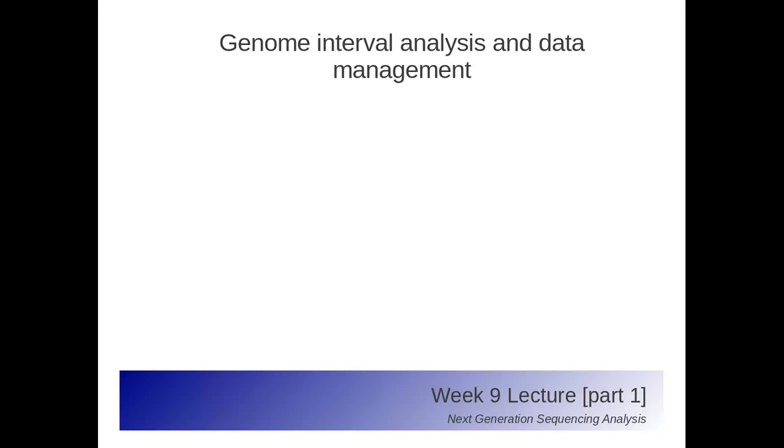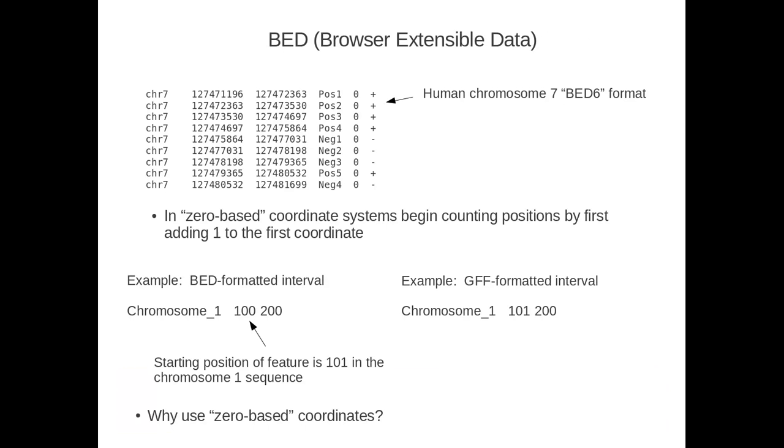So there's a lot of things that we're interested in with respect to intervals, and we need to be clear on our format. So BED is a feature format meant to directly deal with specification of intervals. And the BED is called the Browser Extensible Data Format.